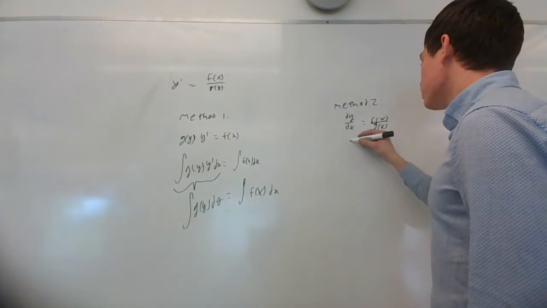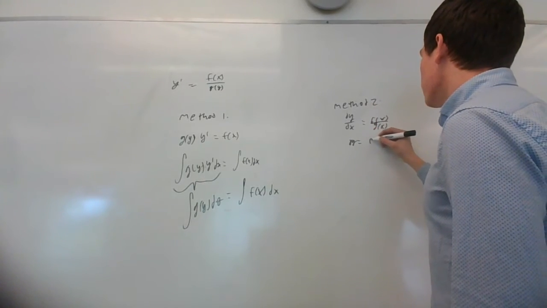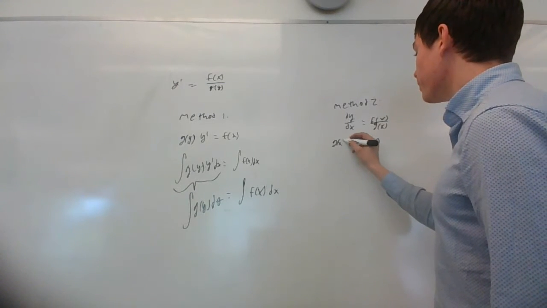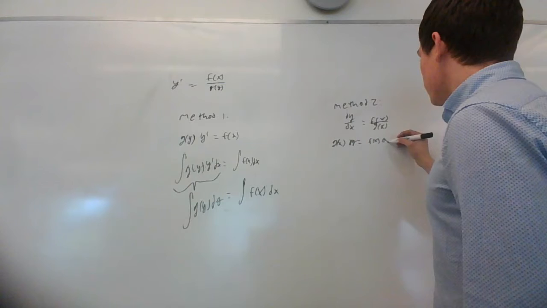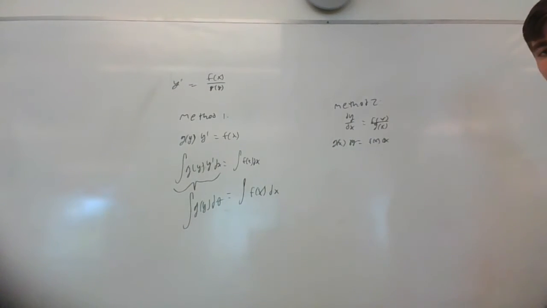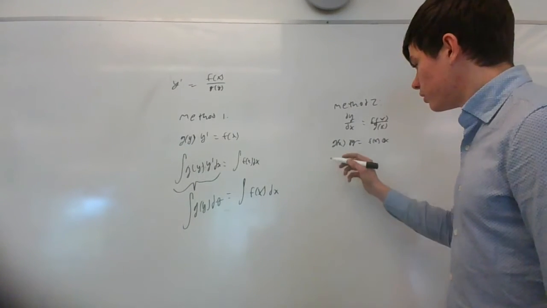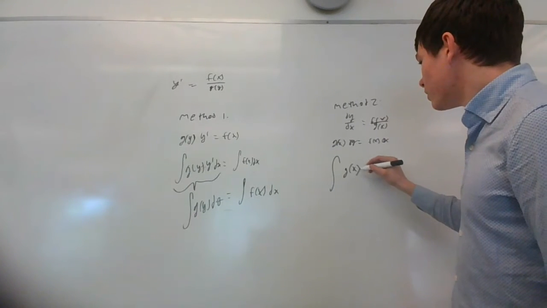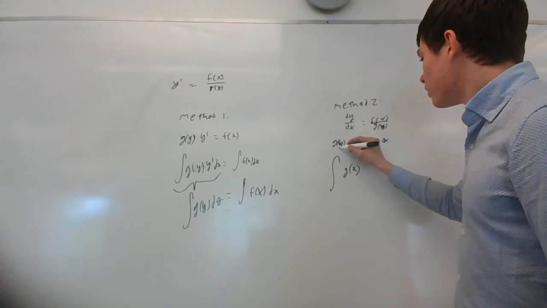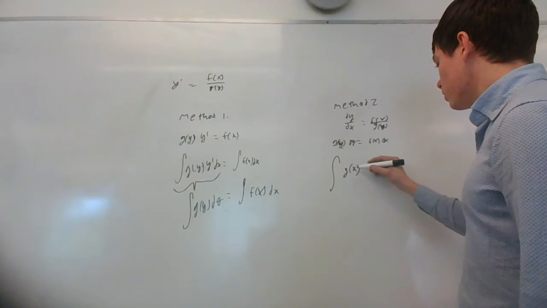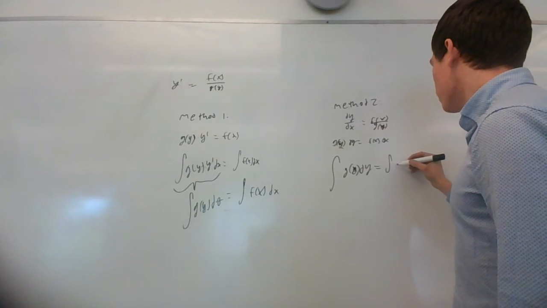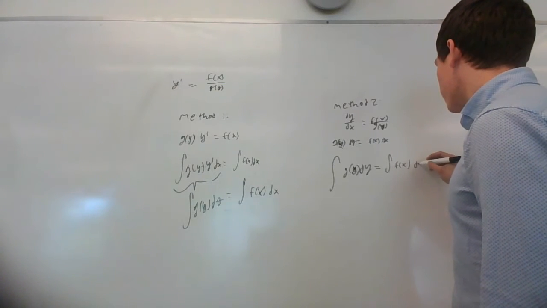Multiply dx on both sides. dy is equal to f of x dx, and we can multiply it by the g of y alternatively. Now, what you do next is you just draw integral on both sides. This is meant to be g of y, of course. g of y dy is equal to integral of f of x with respect to x.